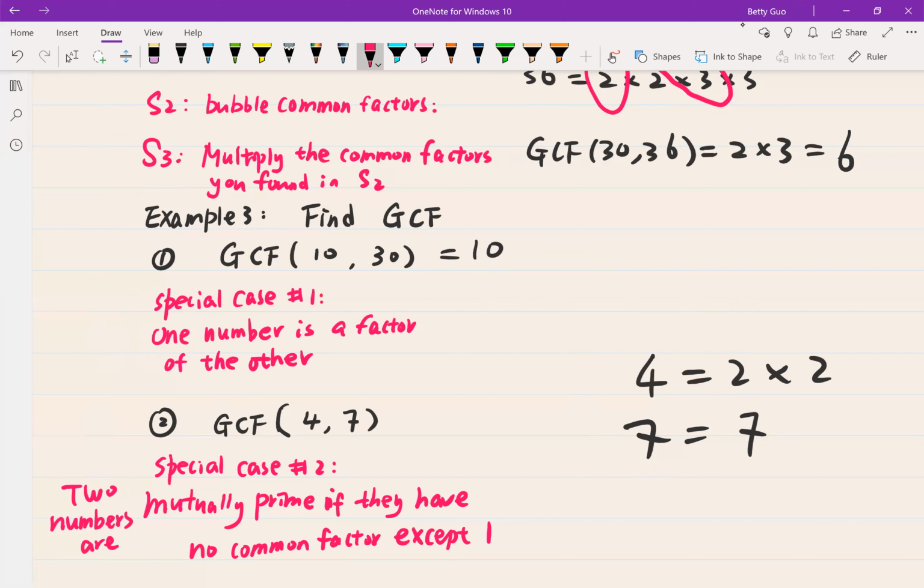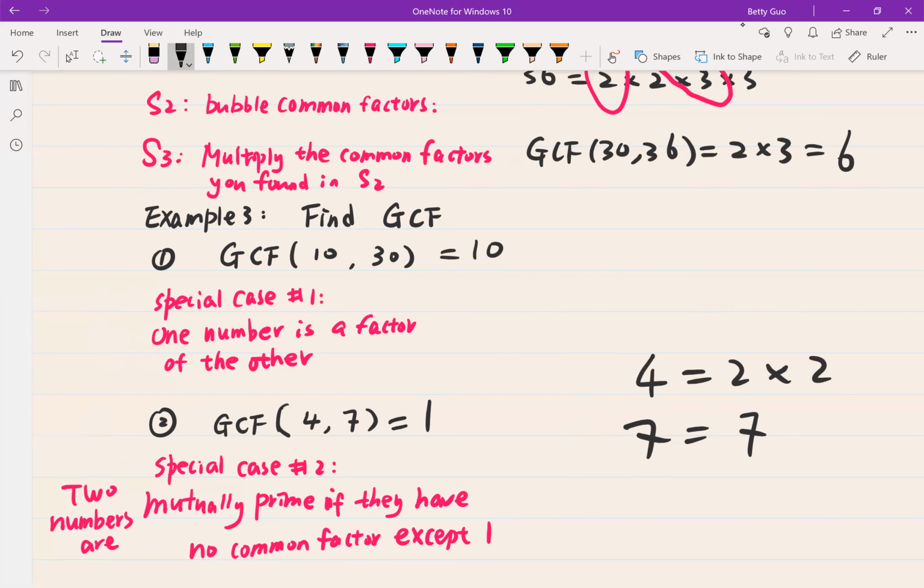4 and 7 is this case. This is the special case number 2. In special case number 2, the GCF of the two numbers always equals 1. Because as the two numbers are mutually prime, the only common factor is 1. Of course, the only common factor is the greatest common factor.